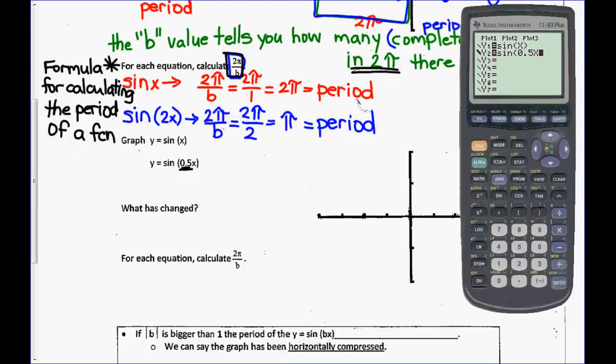And close your bracket. Let's see what happens when we graph those two. There's our original, as we would expect. And there's our, oh, that's interesting.